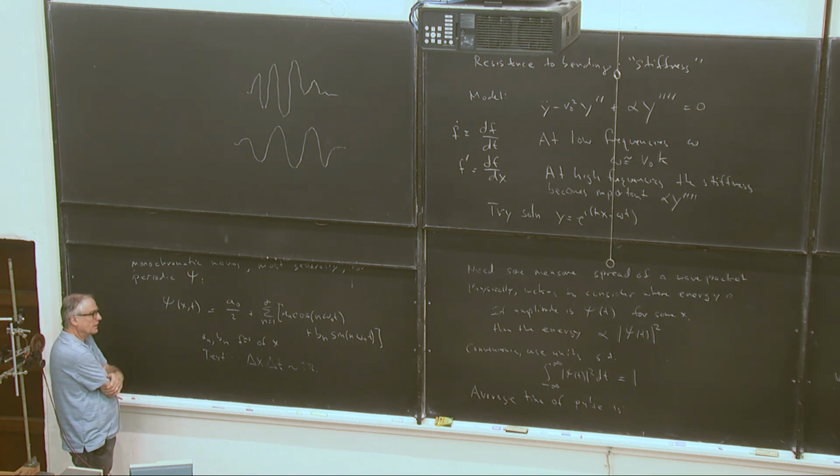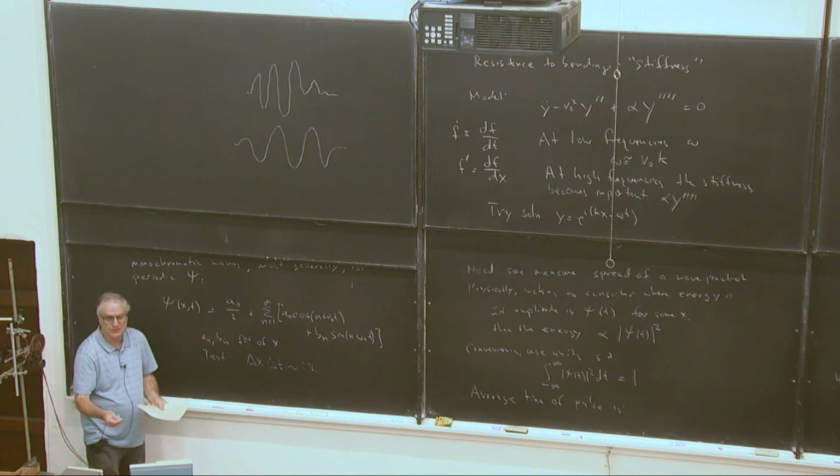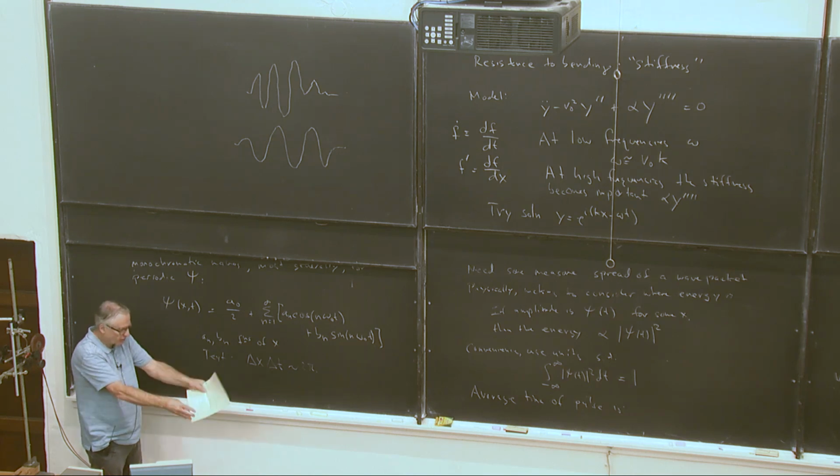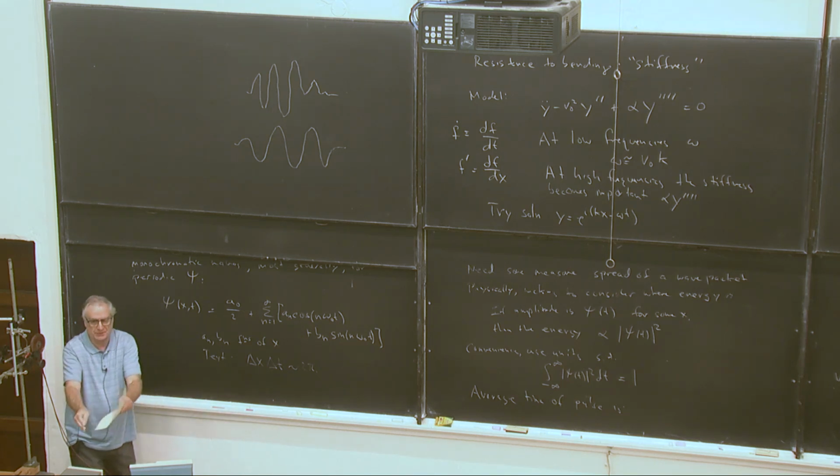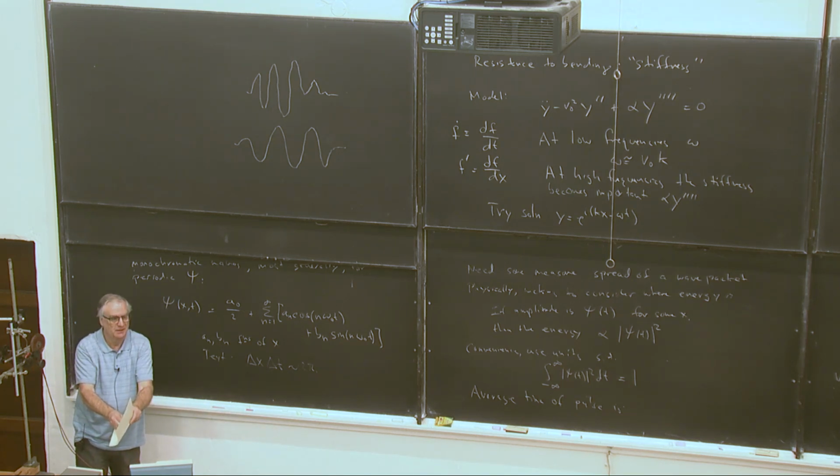I really don't want to deal with a periodic psi. I want to make a pulse that I just make and send out. It's a one-time pulse. I just want to analyze what happens for a pulse. I don't want to really have a string of pulses to worry about.